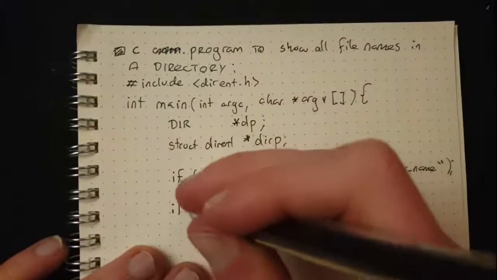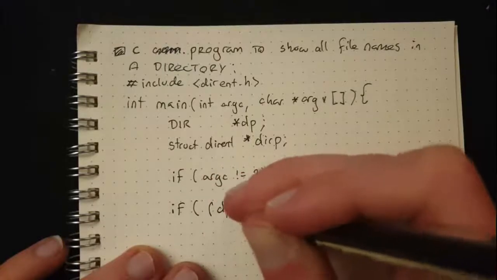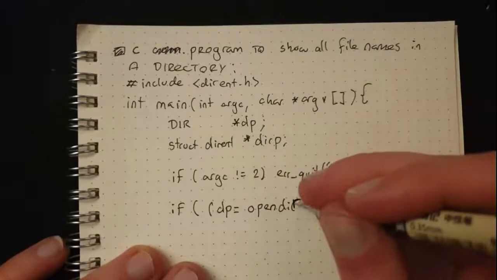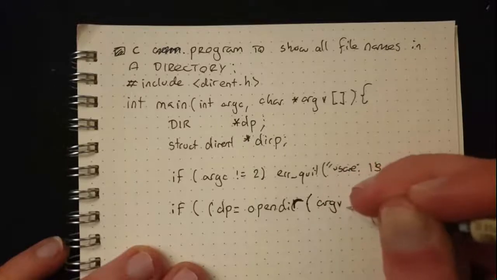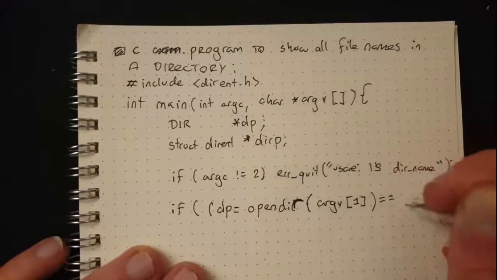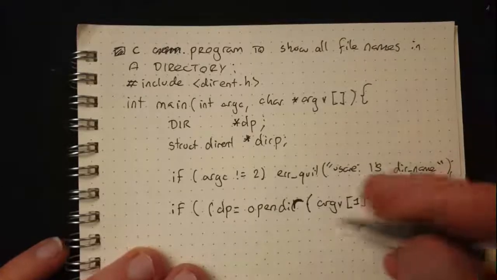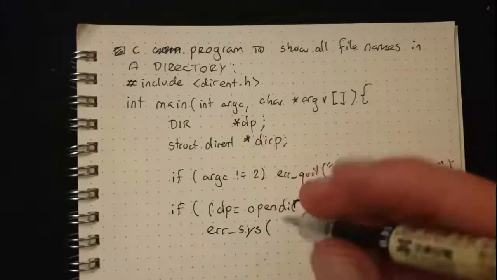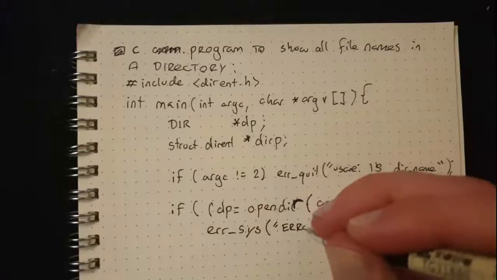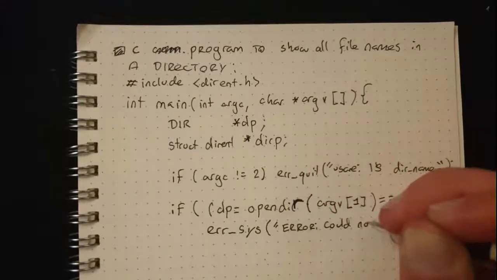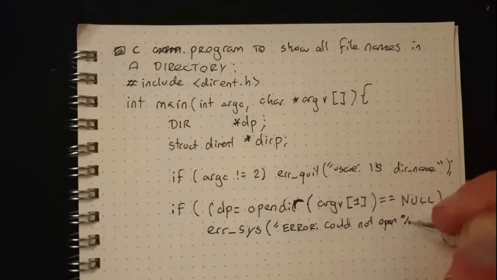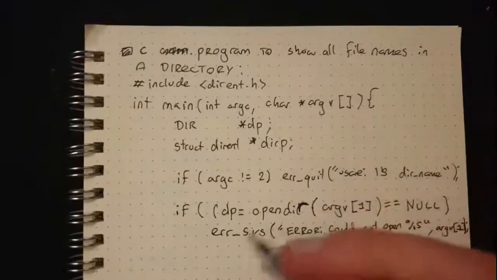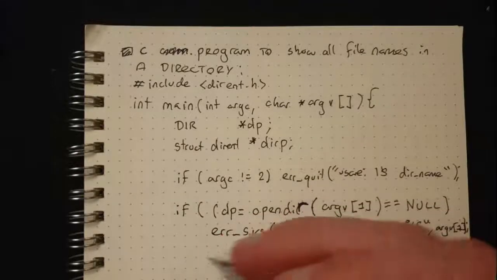Now we'll run: if dp equals opendir argv 1 equals null, then print the error code: can't open %s, argv 1.